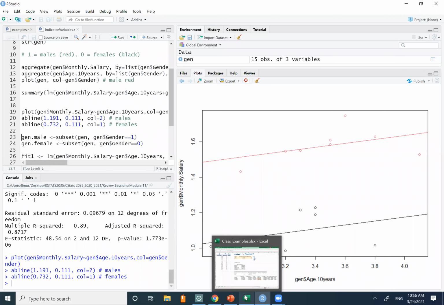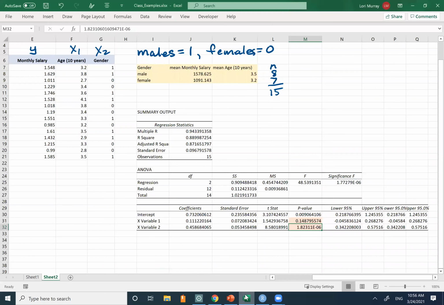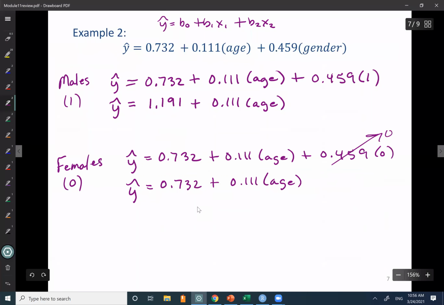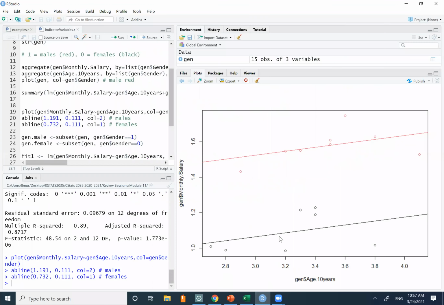I'm just going to go back so you can see the difference. Notice that they have the same slope, but their intercepts are different. And the females clearly are much lower. So this is one way to do it.